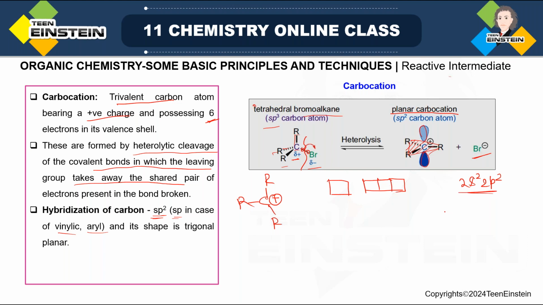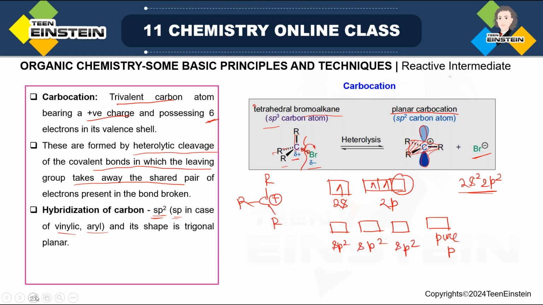So if we consider only the valence electrons, this is 2s, this is 2p. When it is in the excited state, it will be like this. But here we will consider 1 electron less because there is positive charge. Now when it is sp2 hybridization, there will be total 3 sp2 orbitals and 1 p orbital which is not part of hybridization. It is a pure p orbital, and all these are sp2.